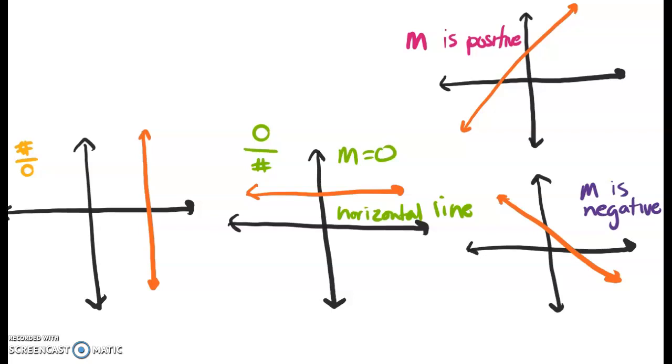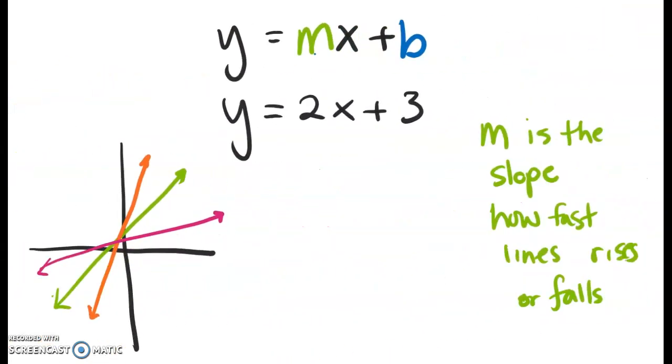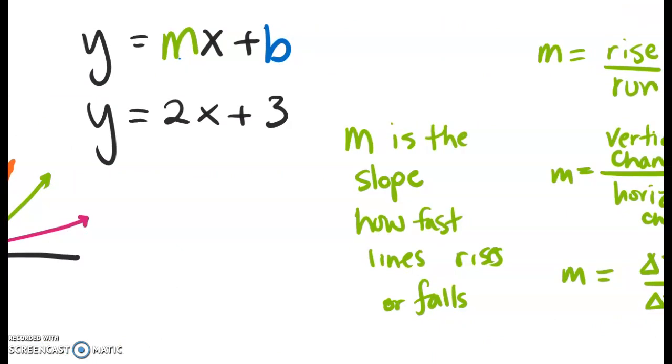And if that happens, then I have an undefined slope. And if you have an undefined slope, then you end up with a special line also, and that's called a vertical line. So those are the 4 possibilities that can go in place of this m here.